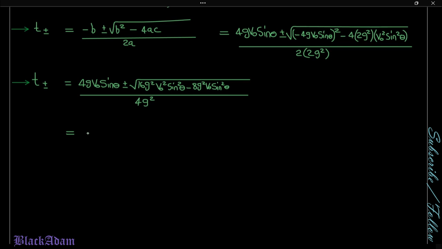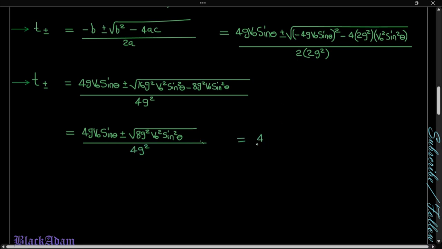Any moment we see room for simplification, we use it. So it's going to be 4g v initial sine theta plus or minus square root of 16 minus 8. They're the same thing, so it's going to be 8 there, positive 8g squared v initial squared sine squared theta, all over 4g squared. You can see that our equation is becoming smaller and smaller as we approach the solution.